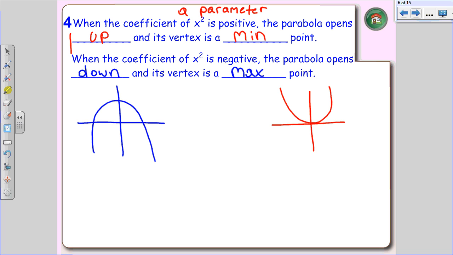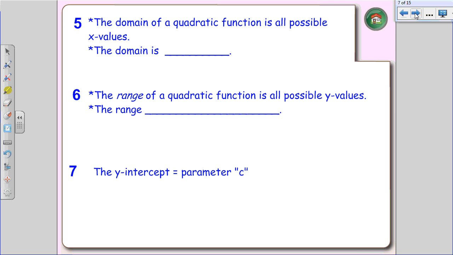The domain of a quadratic function. So that's all the possible x values. We've already talked about this. The domain of a quadratic function is x is an element of the reals, and that's always going to be the truth. It's never changing. Not unless a question has specific restrictions around it. Any quadratic will just have that as its domain.